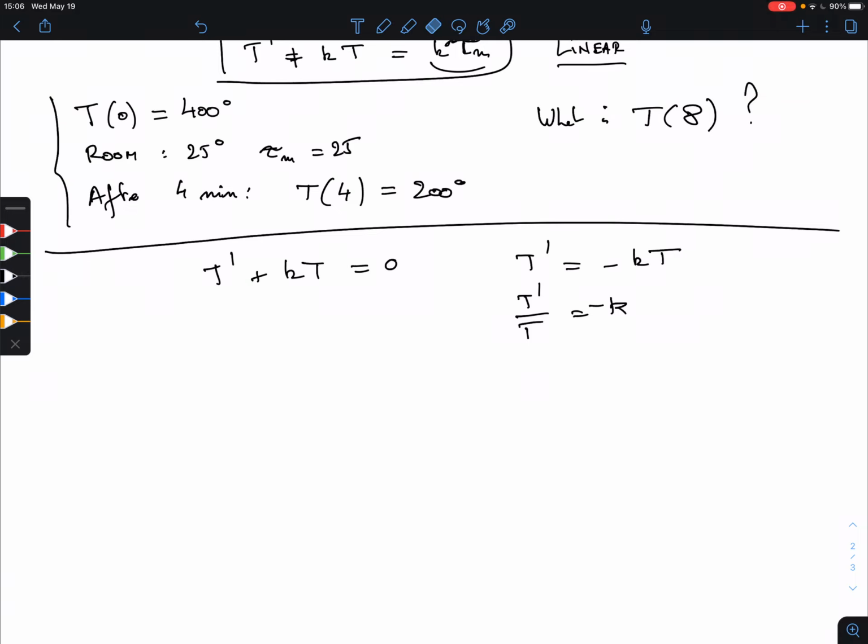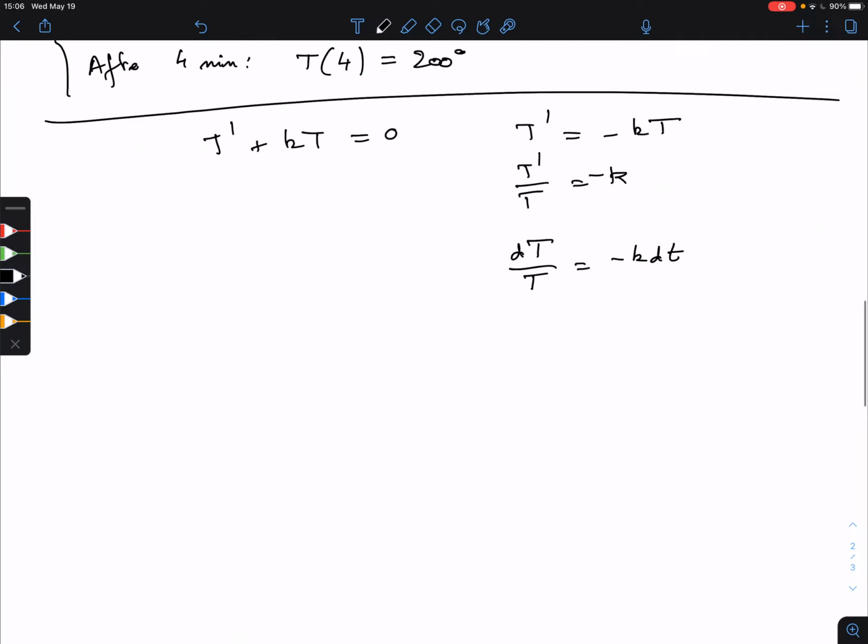Let me write it again. dT over T equals minus k dt. It's always the same. It's the same as the exponential growth equation that we are doing here. The complementary equation, the homogeneous part, is the same.